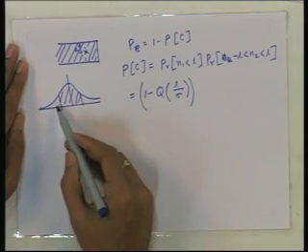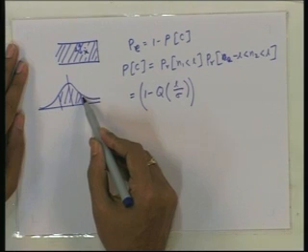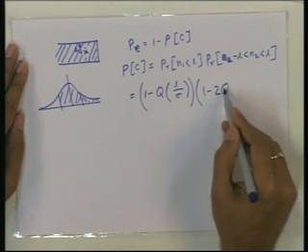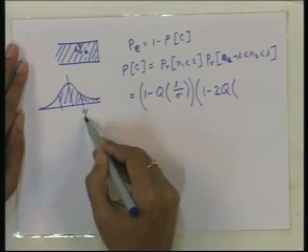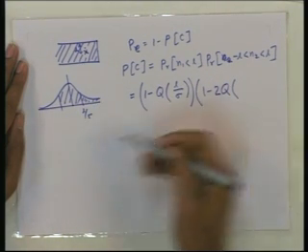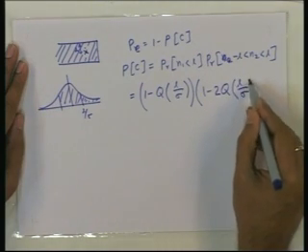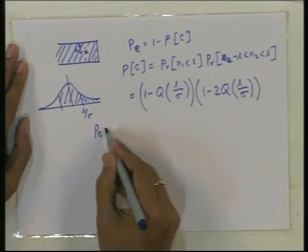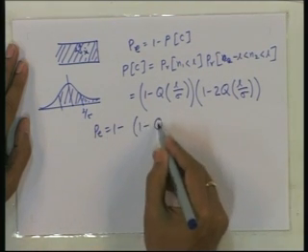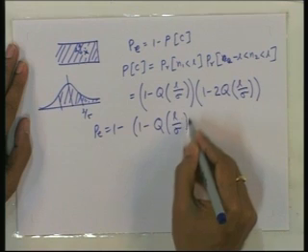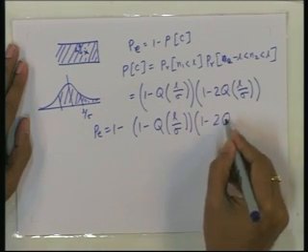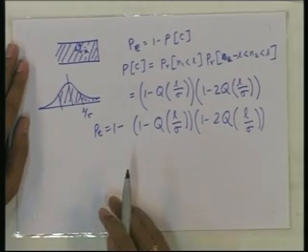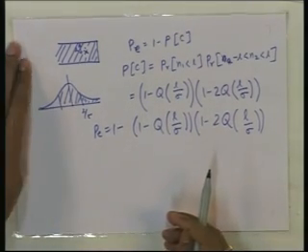So, this is 1 minus 2 times this area, that is, 1 minus 2 times Q of L by sigma. So, this is the probability of correct decision. So, probability of error is 1 minus (1 minus Q of L by sigma) times (1 minus 2 Q of L by sigma), and we can expand the product and simplify the expression.